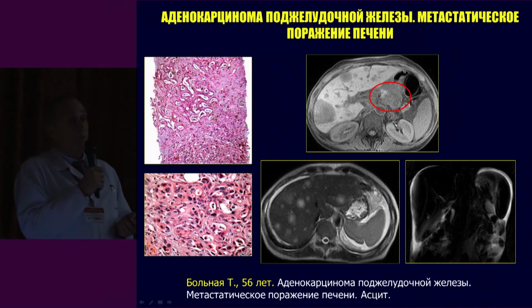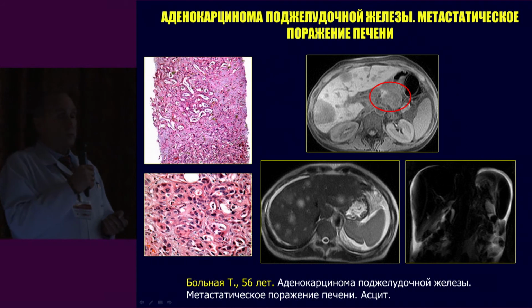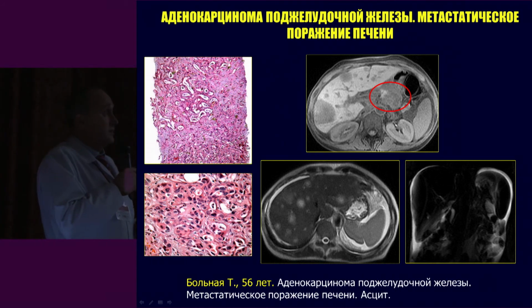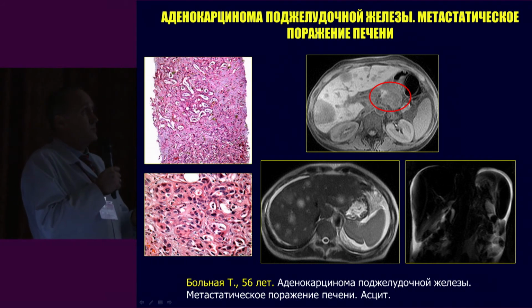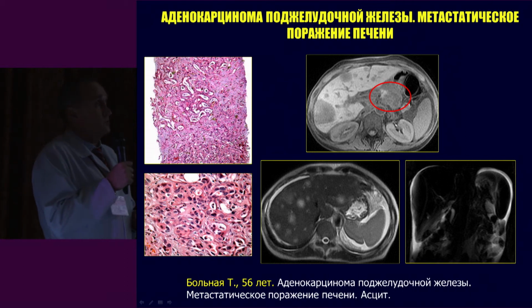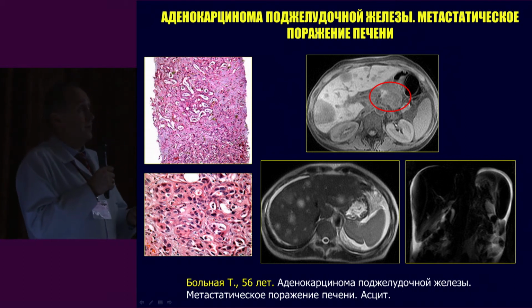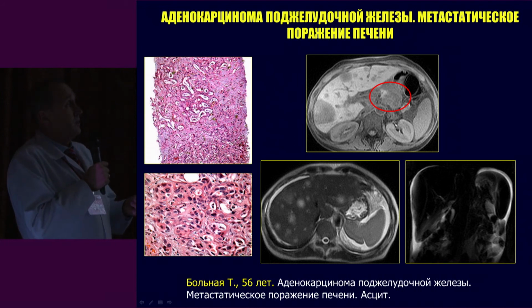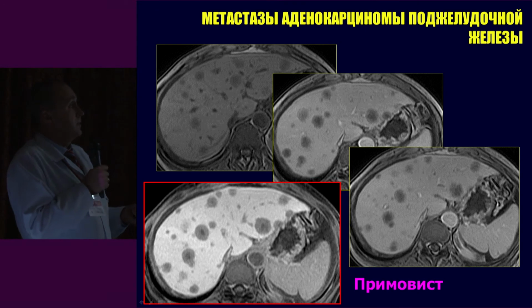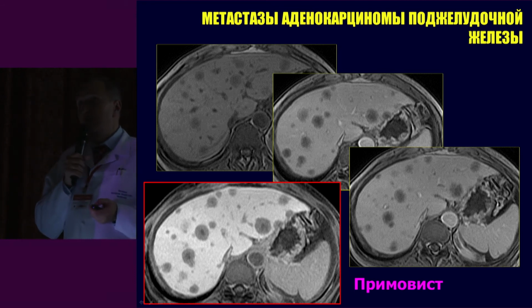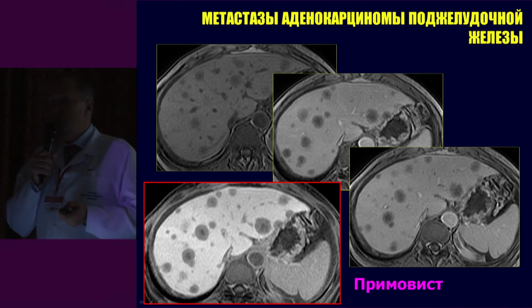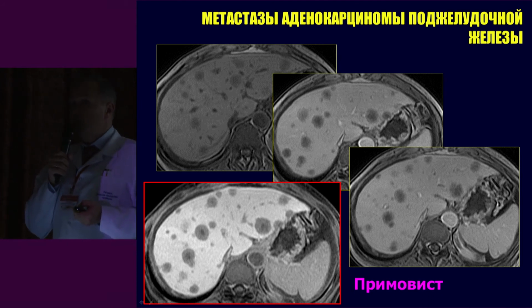dysfunction. If we speak about pancreatic cancer, then we should understand that the inclusion of the patient in chemotherapeutic protocols should definitely be grounded on the assessment of the secondary lesions or secondary changes. You can see here that the organ is changed, there is ascites, but when we use Primovist-specific contrast matter, we can diagnose the lesions up to 2 millimeters.